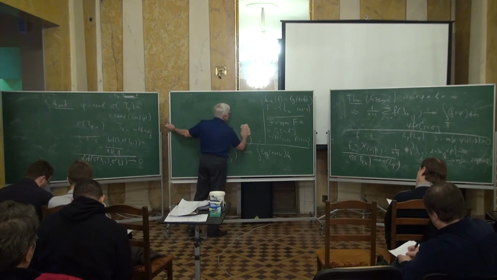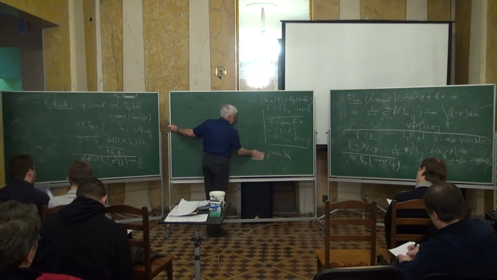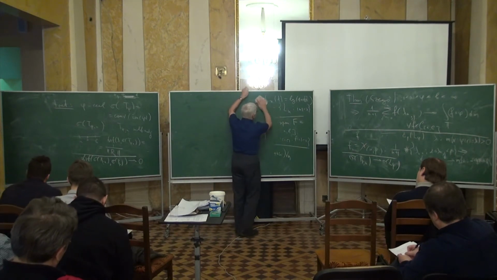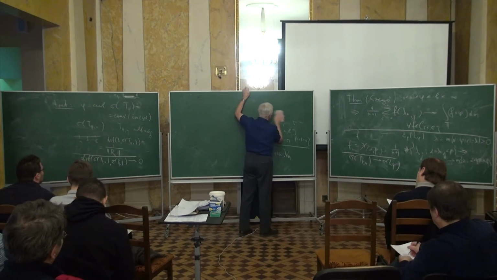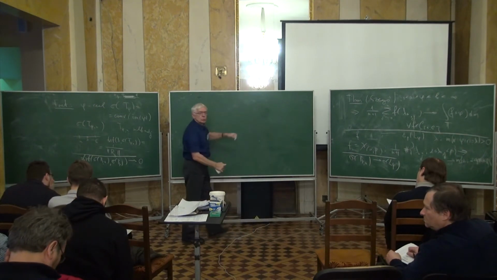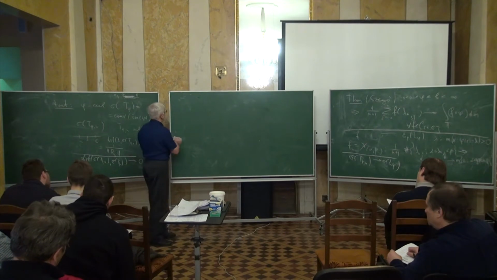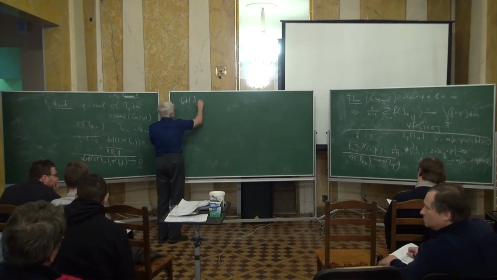The two sets are close to each other in the Hausdorff sense if any point of one set is sufficiently close to the second set and vice versa.